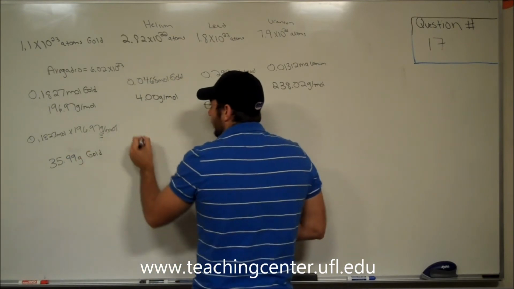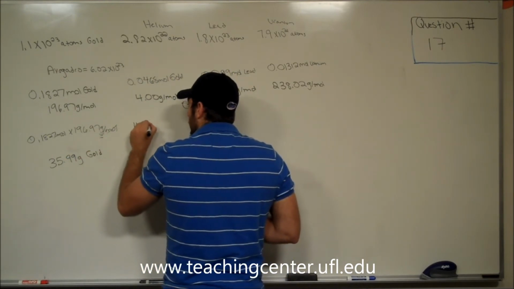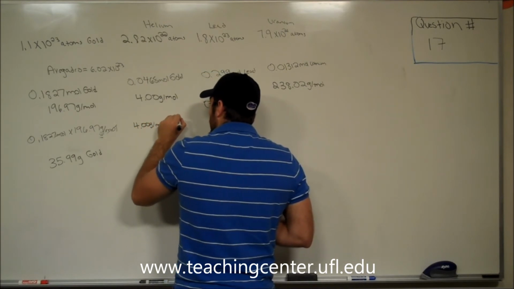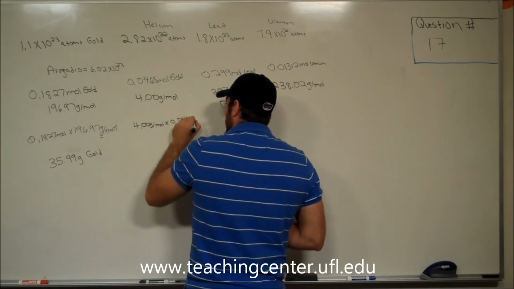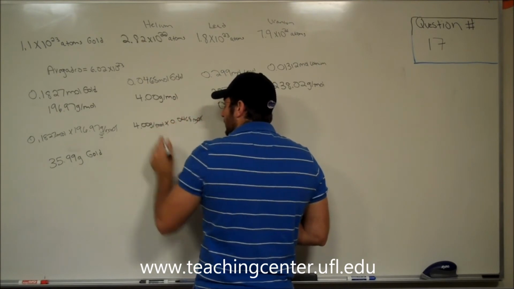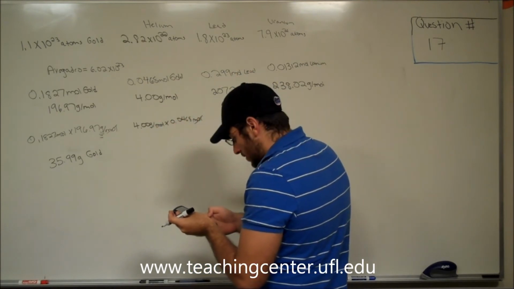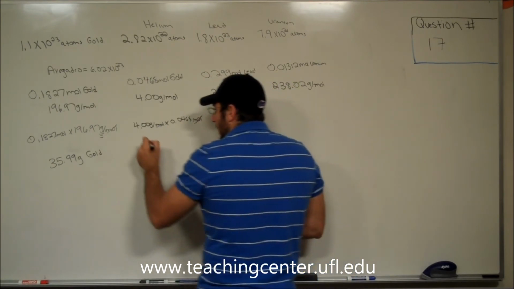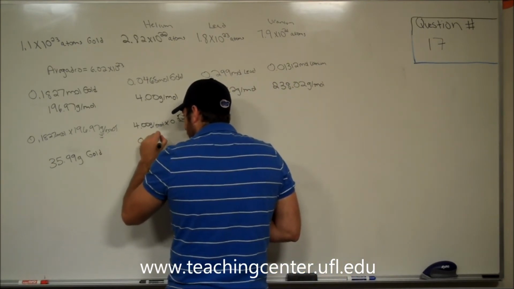Let's go ahead and do 4.00 grams per mole times 0.0468 moles, which is 0.1872 grams of helium.